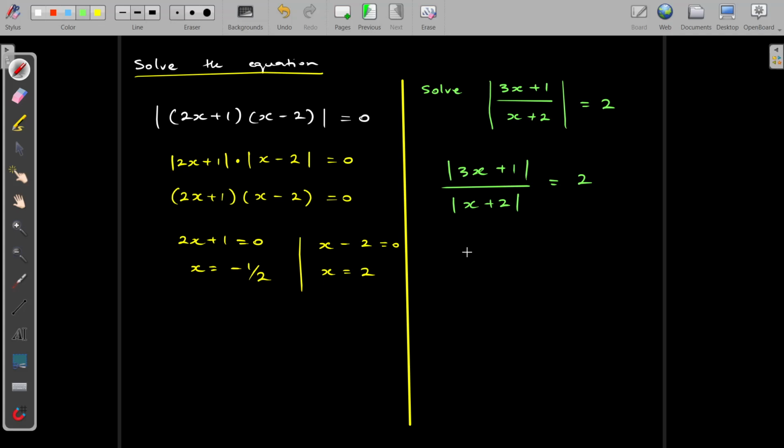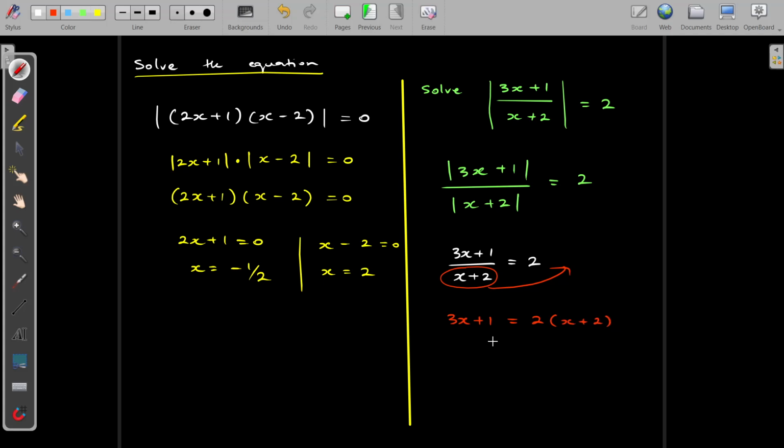So what that is saying to us is 3x plus 1 divided by x plus 2 is going to be equal to 2, and then we're going to be transposing this over here. So 3x plus 1 is going to be equal to 2 times x plus 2.